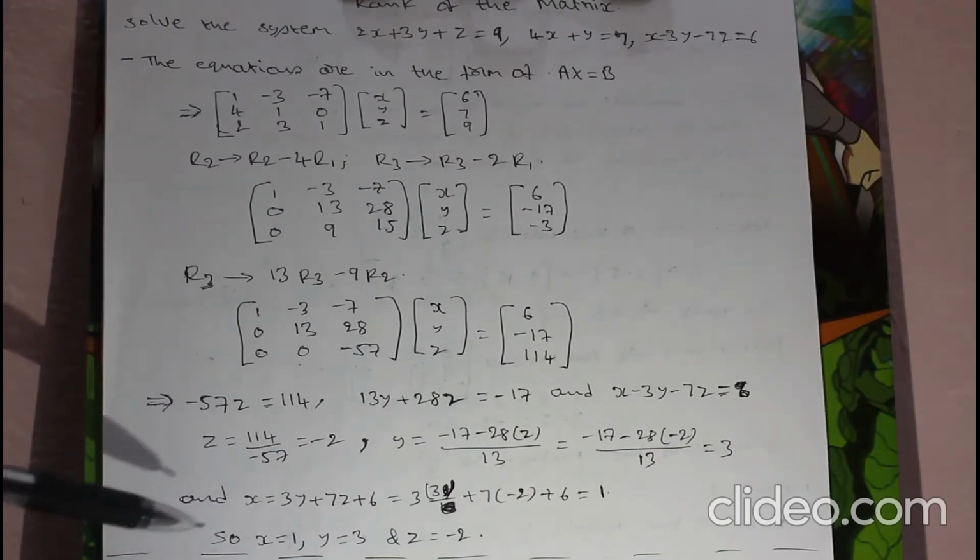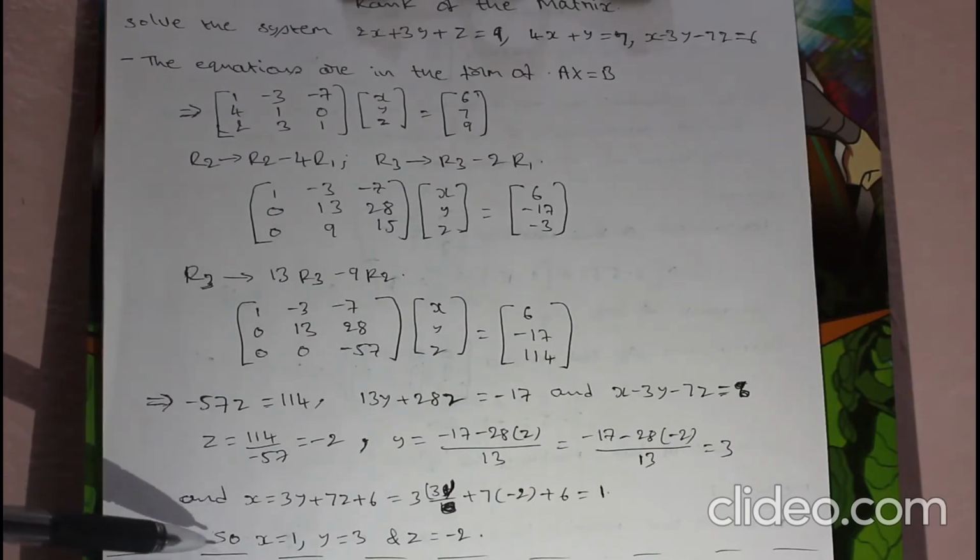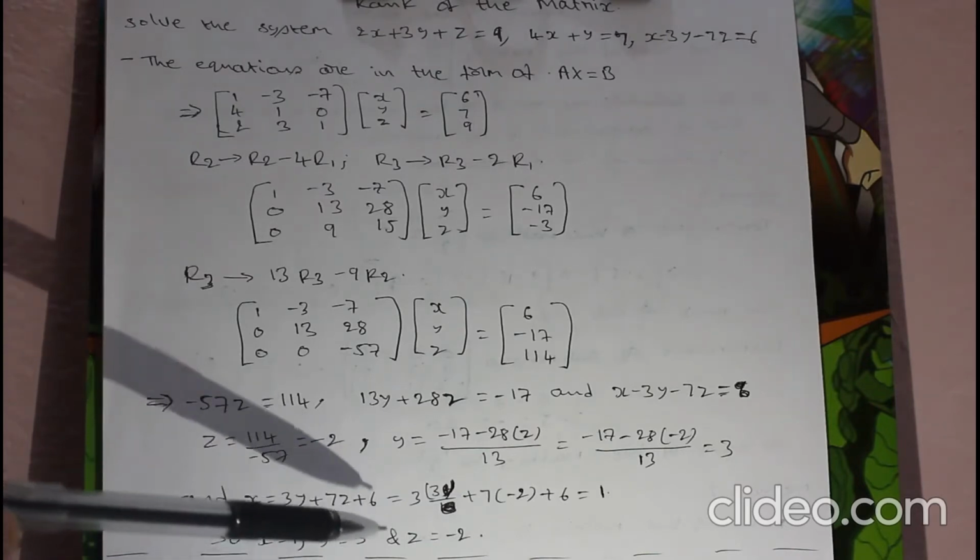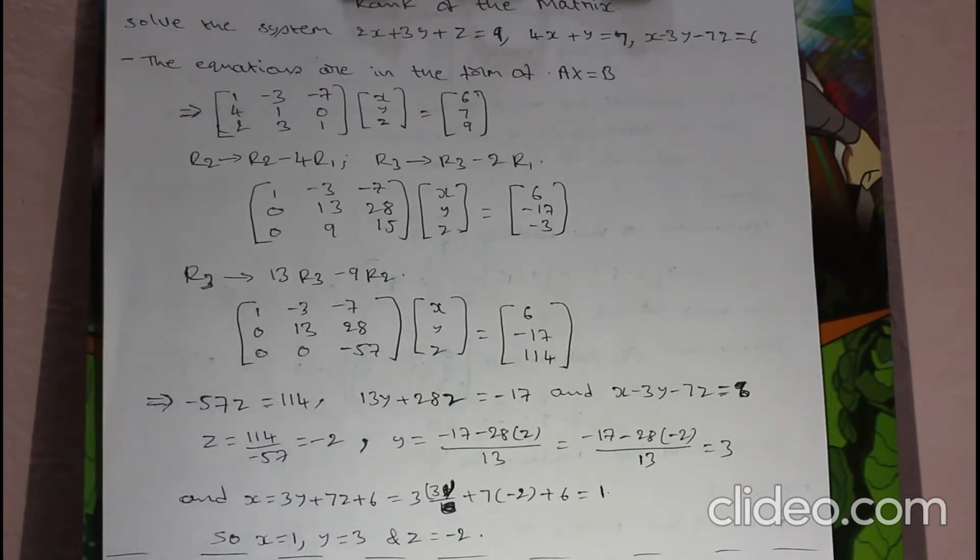So the solution is x is equal to 1, y is equal to 3, z is equal to minus 2. So this is the way to solve the questions. See, here the question is to solve the system of equations, not the rank of the matrix. This kind of questions you may get in your subjects as well.